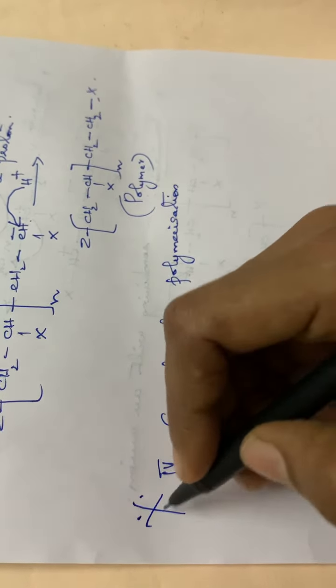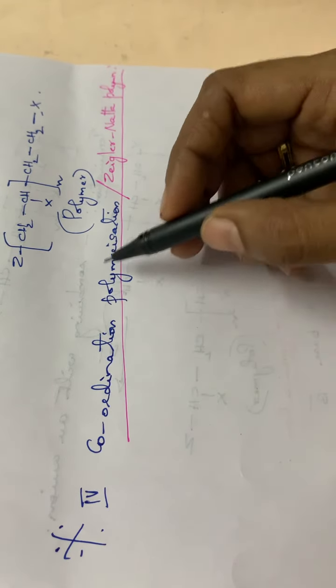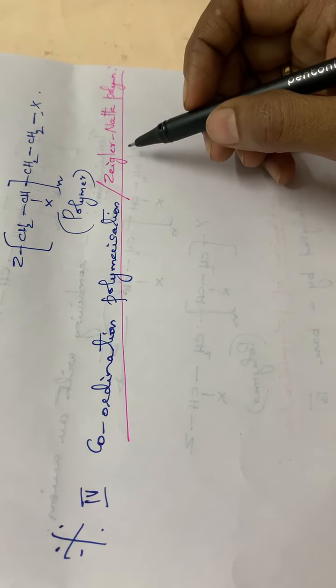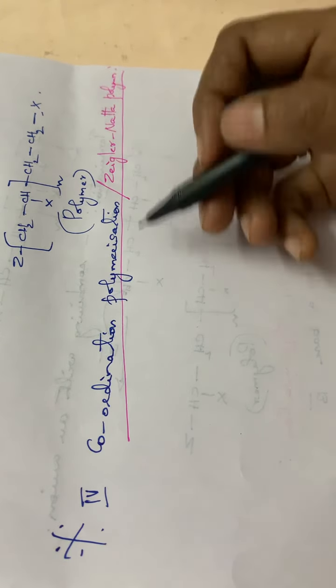This polymerization was discovered by Ziegler and Natta, and the catalyst is a combination of a transition metal halide. See here, titanium tetrachloride, TiCl4, or TiCl3, titanium trichloride, or halides of other transition metals, such as vanadium, zirconium, chromium, molybdenum, tungsten.